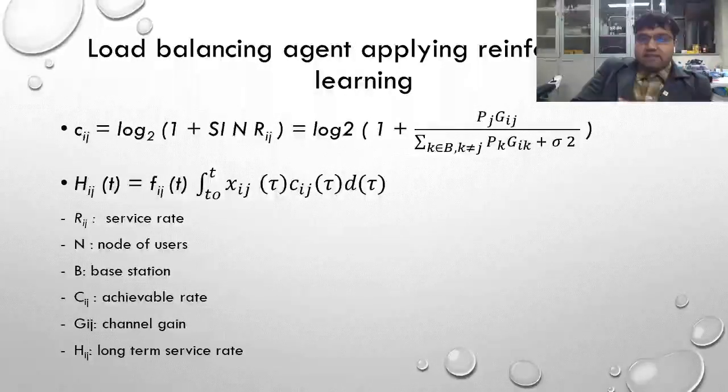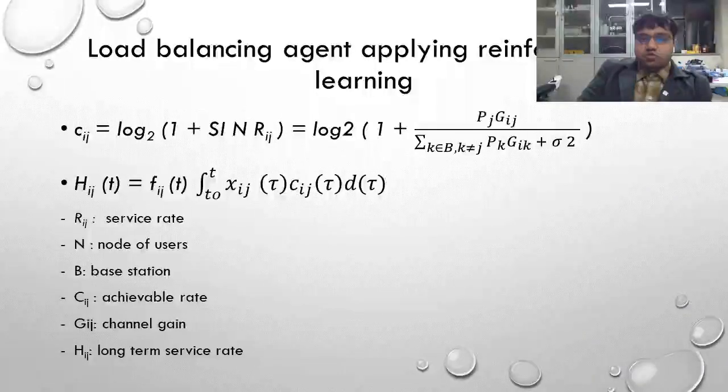There is this load balancing agent that applied reinforcement learning, which is CIJ, that is log-based SINR. As you can see, this is the service rate between the base node of the user and the base station. And we calculate the long-term service rate, which is actually one of the reward functions of our agent. So these two functions here are compared as the reward function and it tells the agent how to behave.